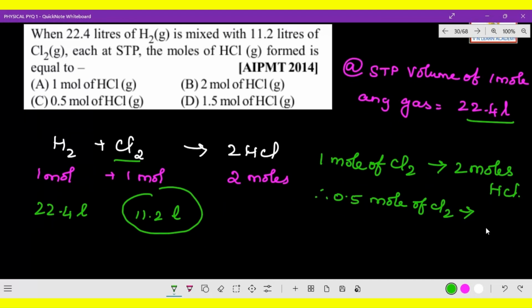That's all this question asks. Mole is equivalent to volume of the gas, right? At STP the volume of 1 mole of any gas is 22.4 liters.